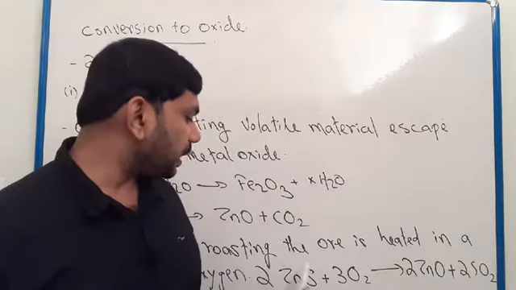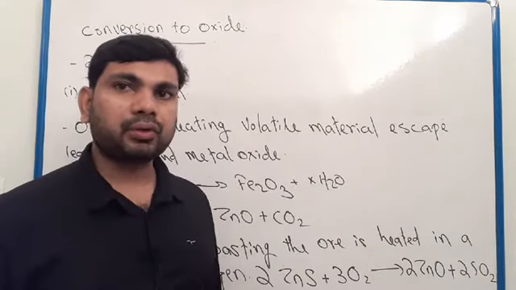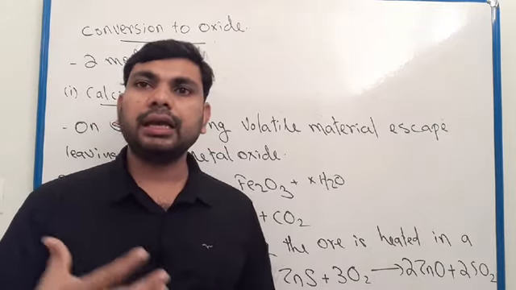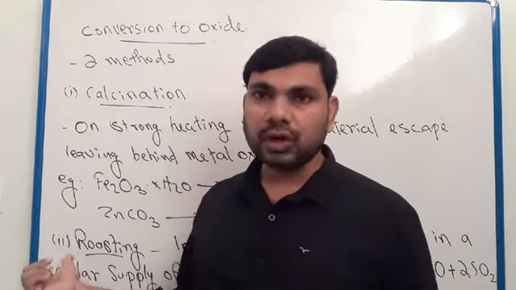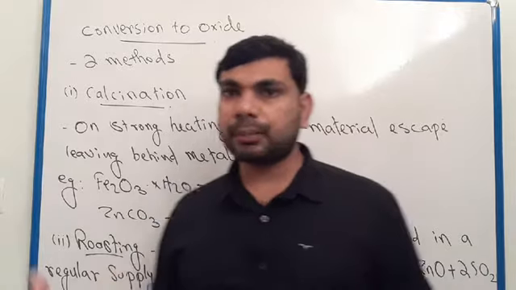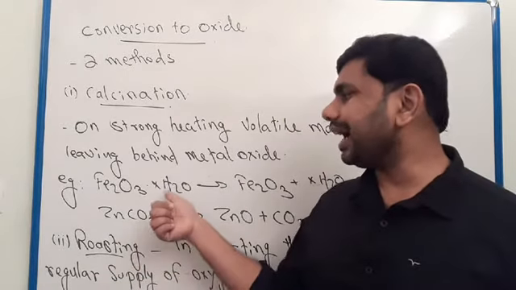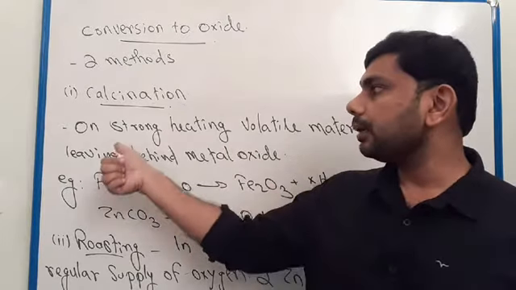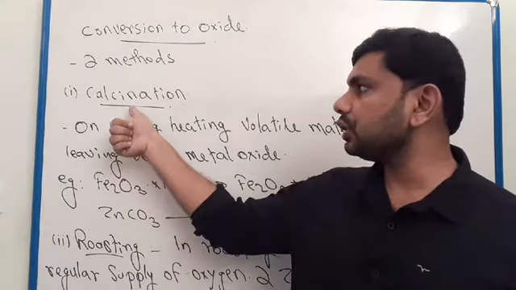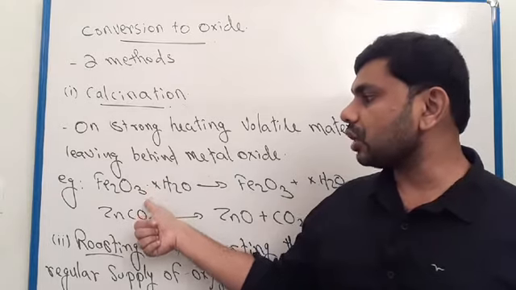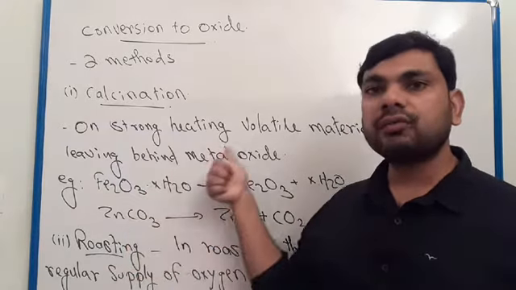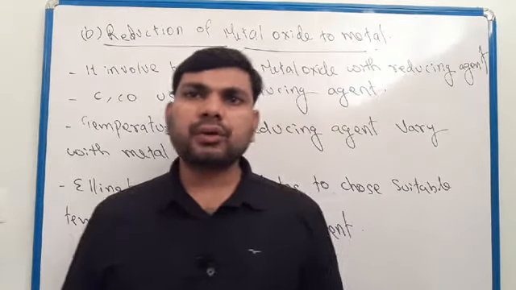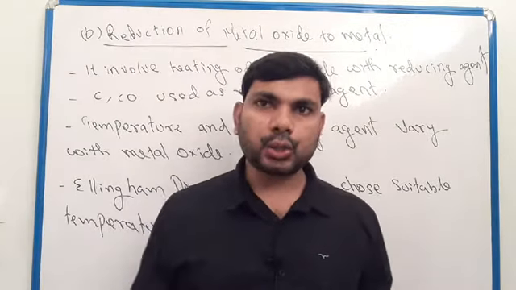Generally, sulfide ores are converted into metal oxide by roasting. Carbonate or hydrated metal oxide are converted into metal oxide by calcination. We have discussed conversion of concentrated ore to metal oxide.